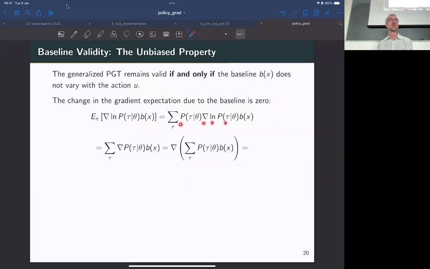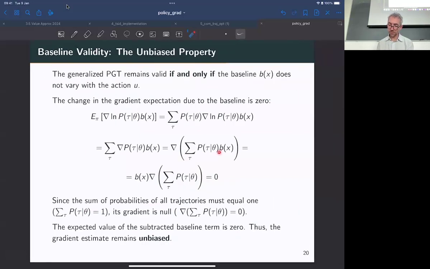Since we know the gradient of the log, we can transform this into this expression. We are doing basically the reverse of what we did before with the likelihood ratio trick to introduce the log. Now we did the inverse operation to remove the log from the expression. And now I can move the gradient outside the summation. So I get the gradient of this summation.